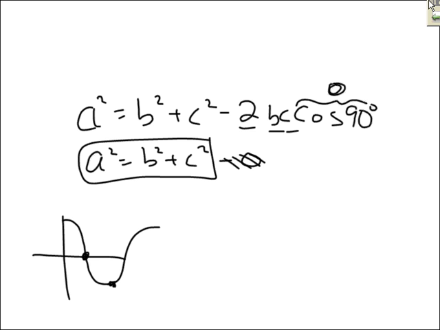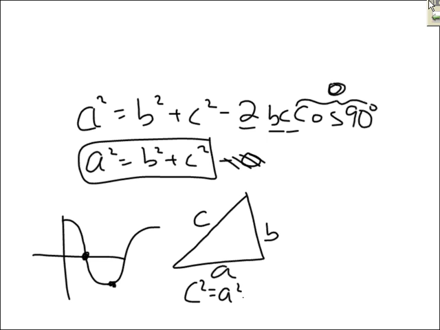Now, if you're going to say, oh no, Pythagorean theorem is c squared equals a squared plus b squared, well, that's alphabet soup. If I tell you this is the right triangle, yes, if this is a and this is b and this is c, then absolutely, c squared is a squared plus b squared. The hypotenuse squared equals one leg squared plus the other leg squared.